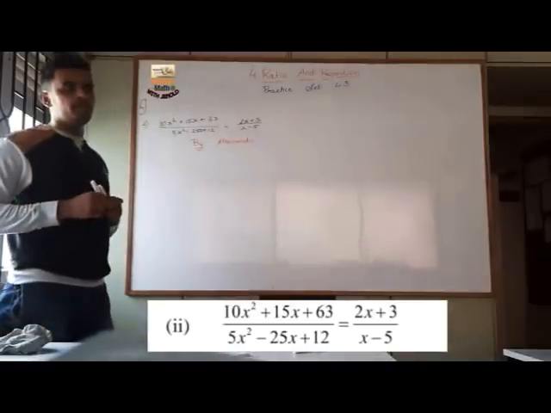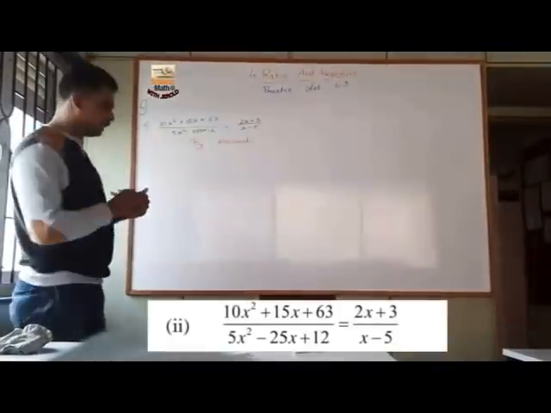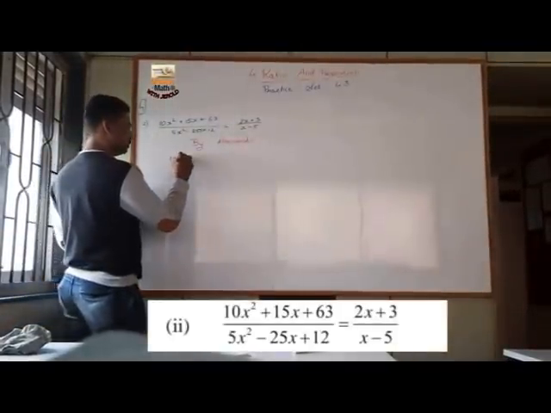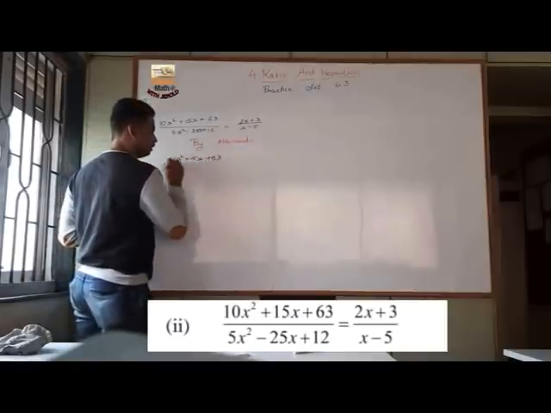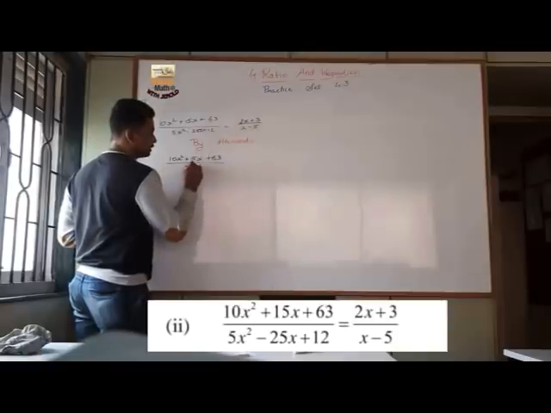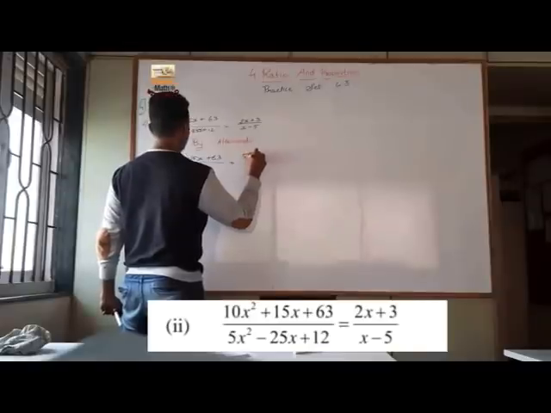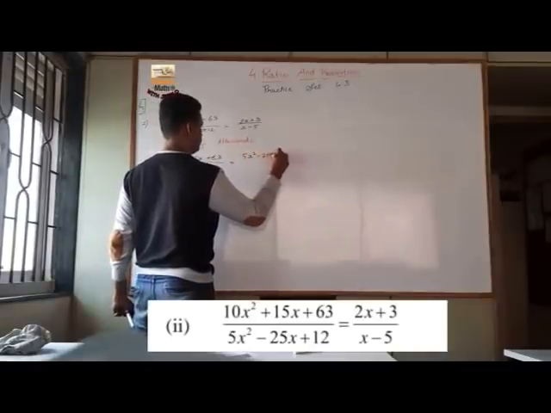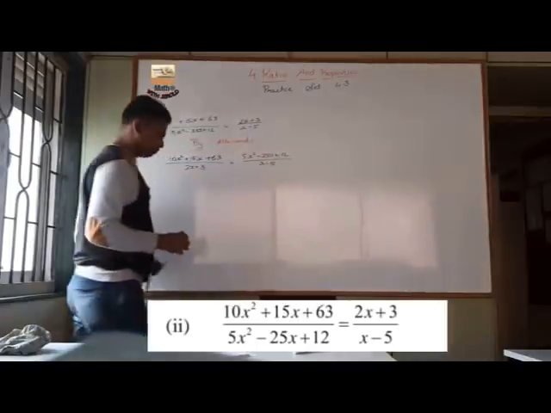The denominator of the first ratio gets swapped with the numerator of the second ratio. So I have 10x squared plus 15x plus 63 divided by 2x plus 3, and this will go on this side: 5x squared minus 25x plus 12 upon x minus 5.